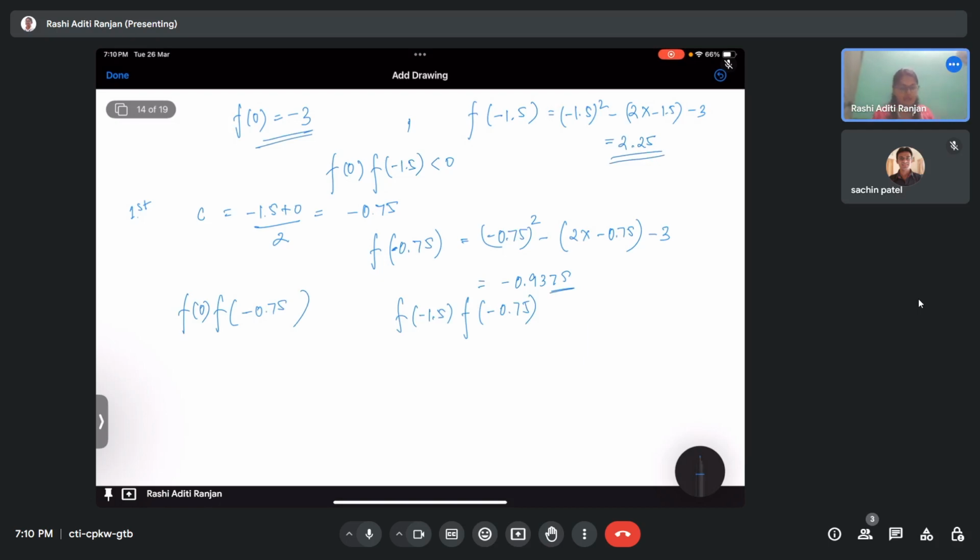So positive into negative. This term comes out to be greater than 0 and this term comes out to be less than 0. So this means that my root is between minus 0.75 and minus 1.5.